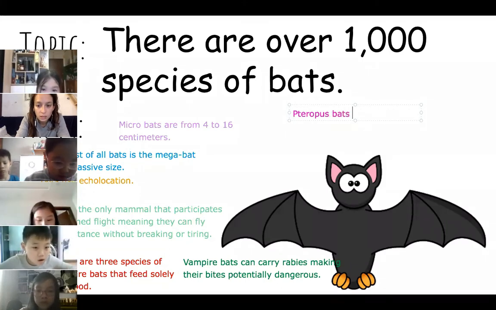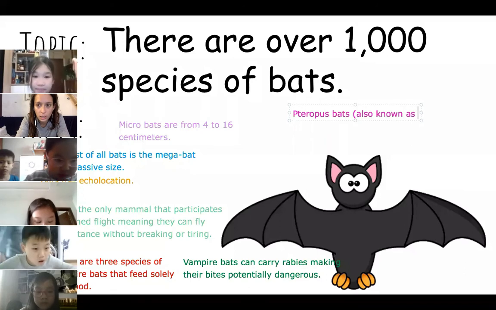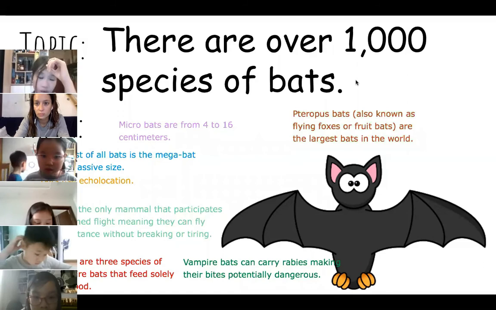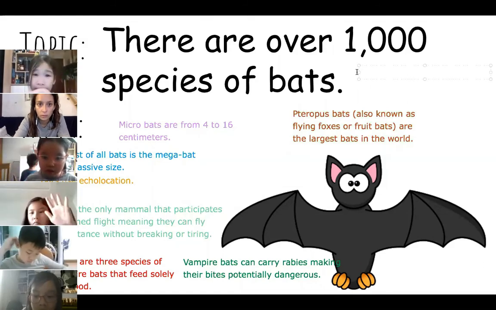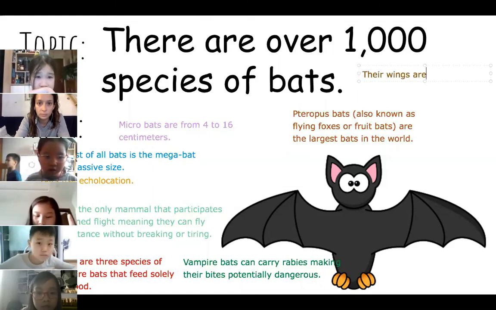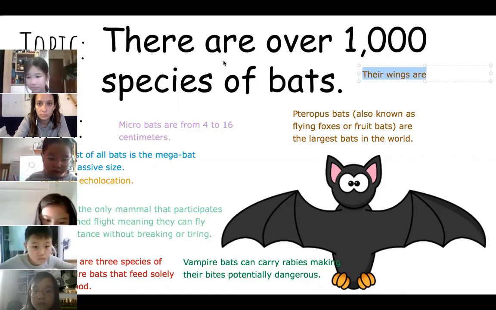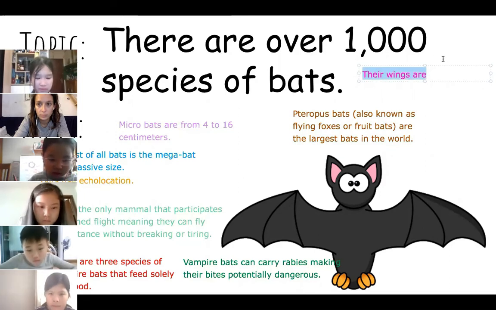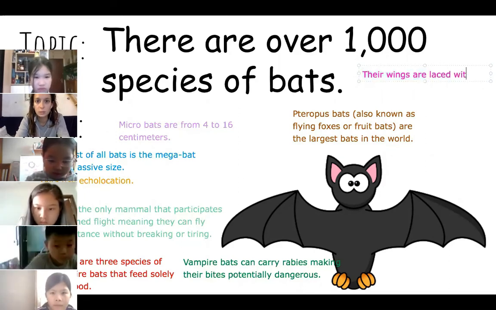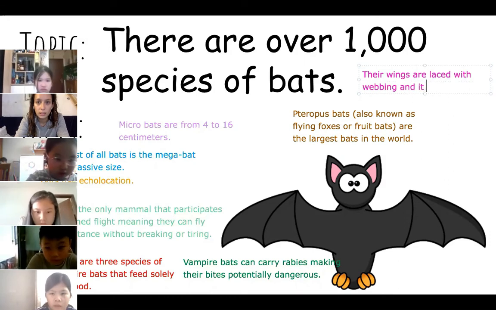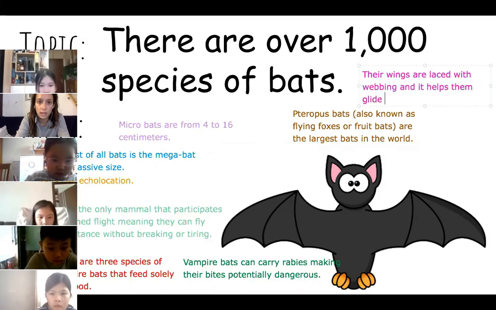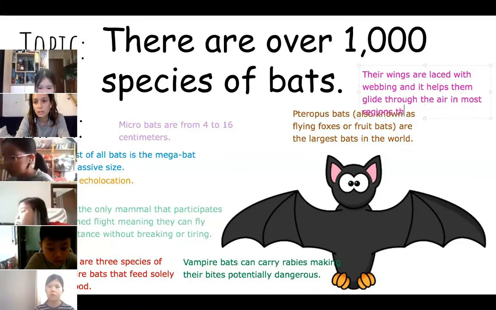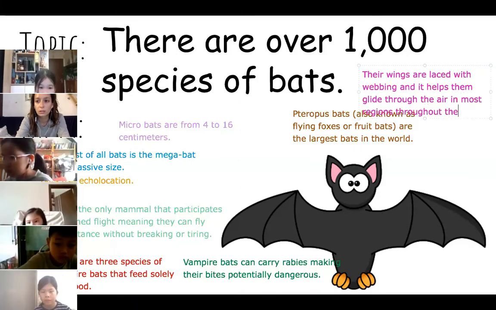Carapace bats, also known as flying foxes or fruit bats, wings are laced with webbing and it helps them glide through the air in most regions throughout the world.